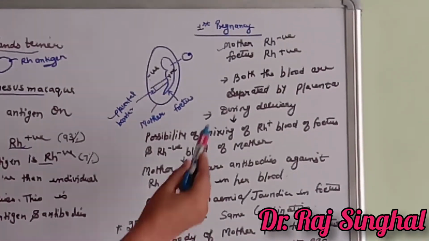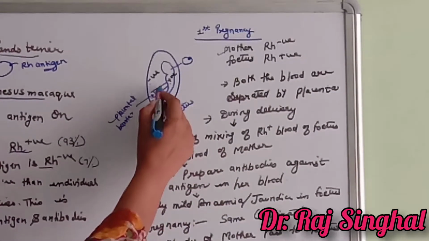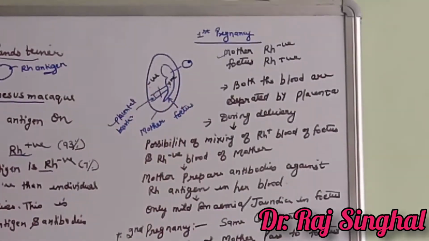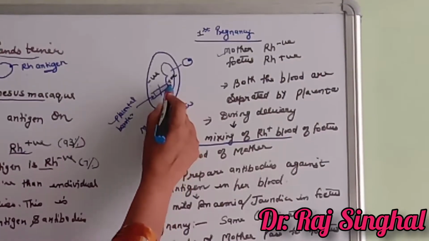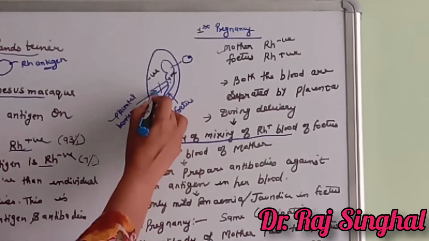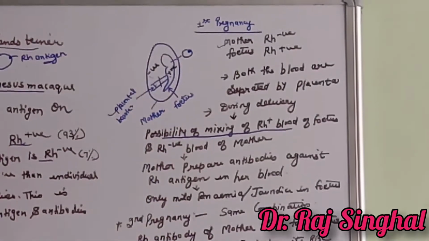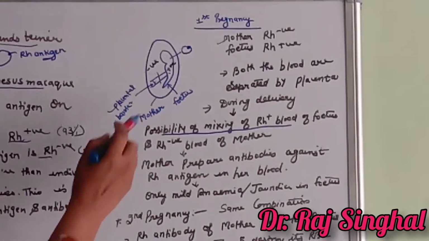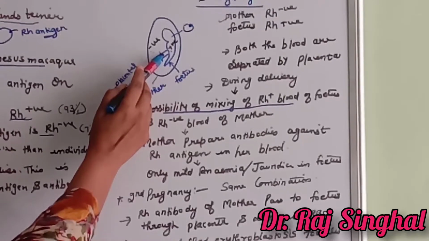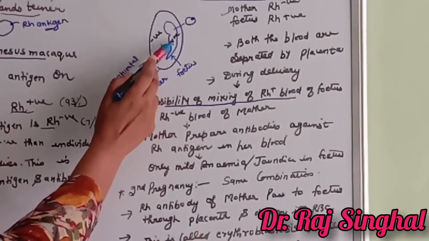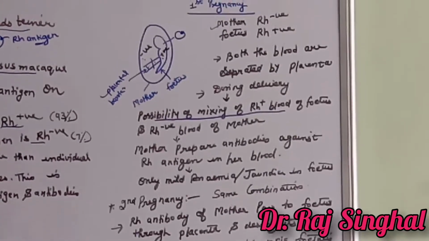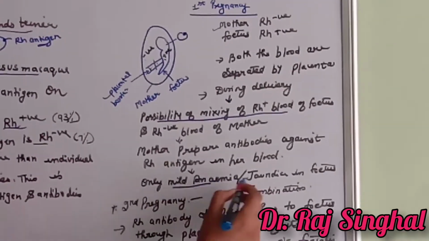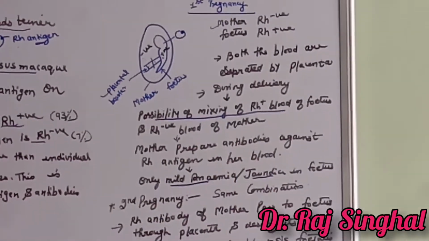But at the time of delivery, when the umbilical cord is cut, then there is possibility of mixing of RH positive blood of the fetus with the RH negative blood of the mother. But since this occurs for a very short period of time, the fetus doesn't get much harm. He just suffers from mild anemia or jaundice.